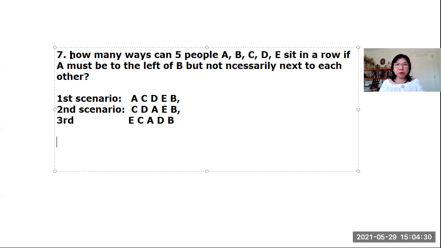Now, how many permutations? A, B, C, D, E. We have 5 people to arrange, so it will be 5 permutation.